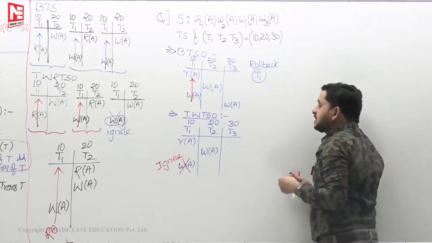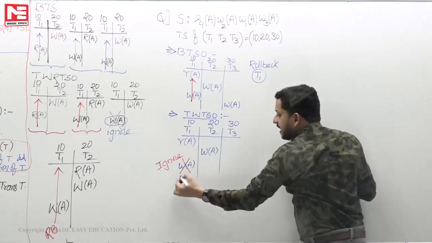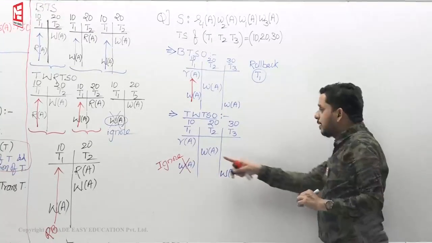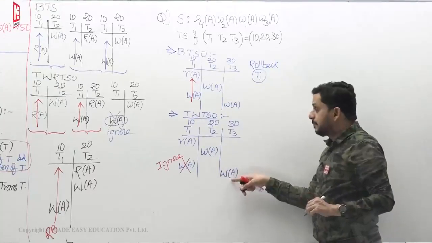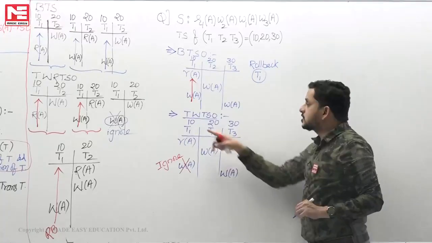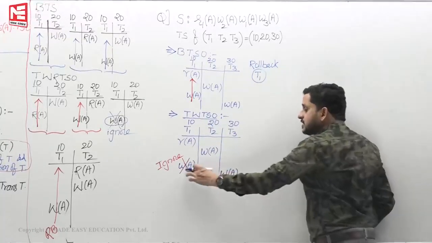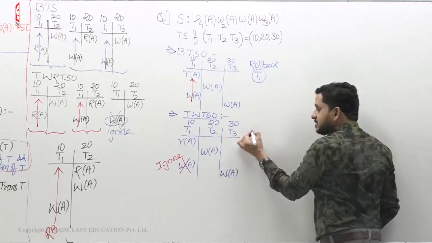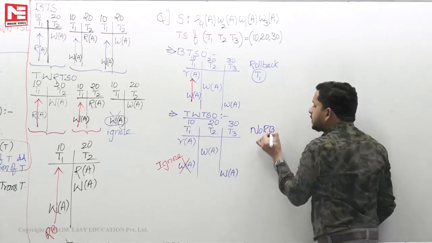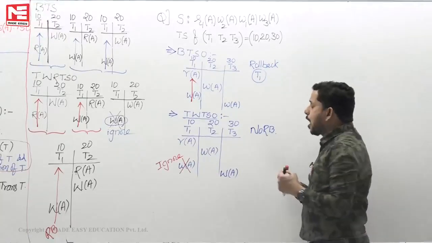After that T3 requesting write of A is allowed, because T2 precedes T3, same as timestamp order, and T1 precedes T3, also same as timestamp order. So just ignore the write, but no rollbacks using the Thomas Write Rule. What does ignoring mean?